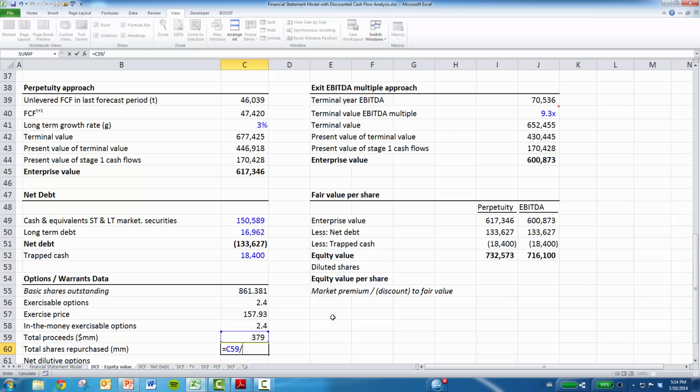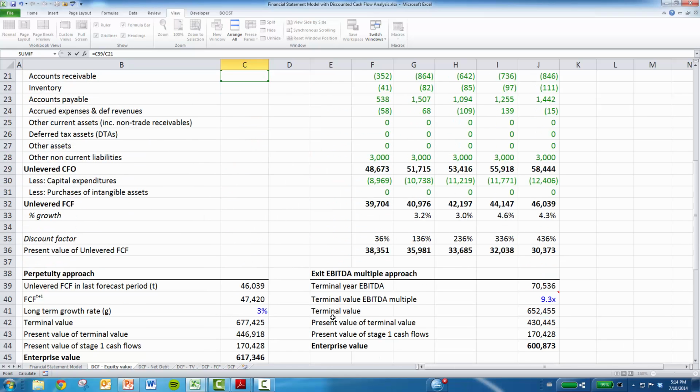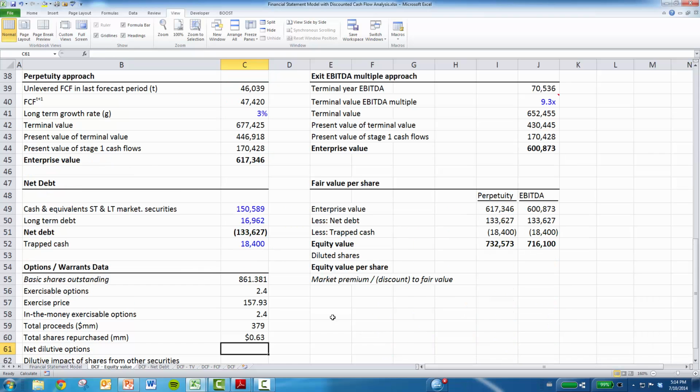And so $379 million at $600 a share will enable you to repurchase 0.6 million shares in the open market to again try to mitigate the dilution of this 2.4.